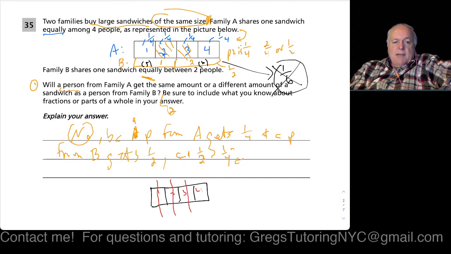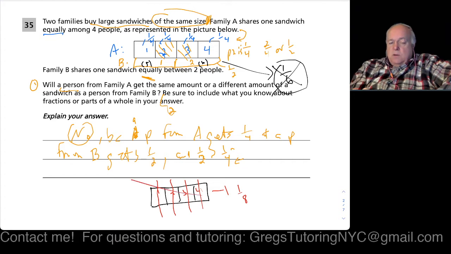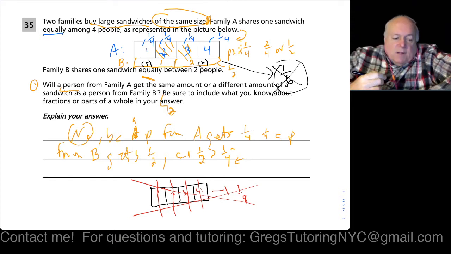And then that student says, well, this is now in equal parts of 8s, which would be true. However, that's not what the question says. So this is no good either. Okay, this is totally a no-go. Totally a no-go.